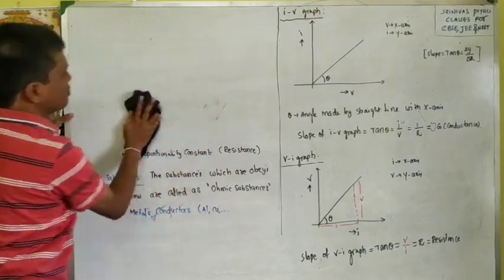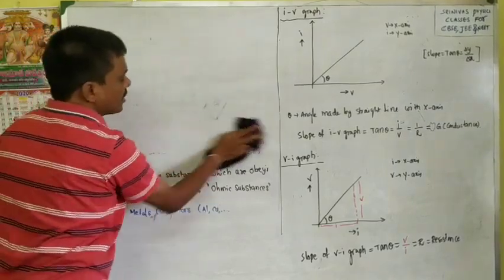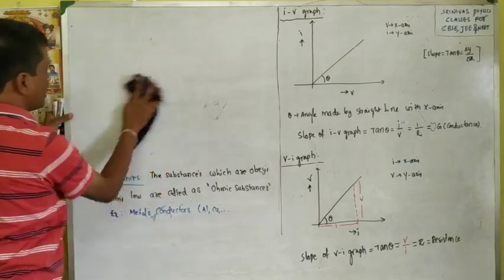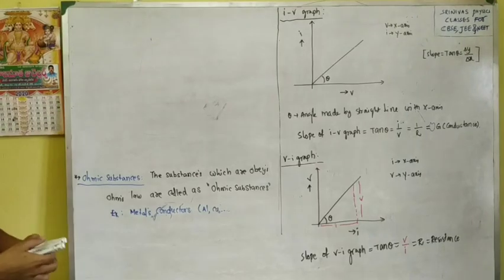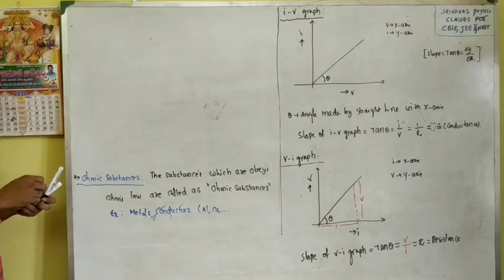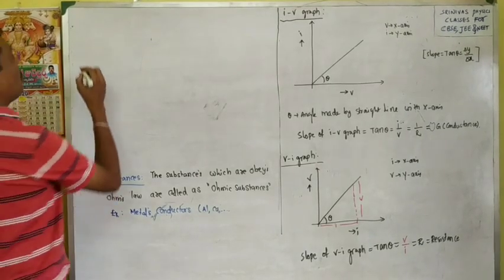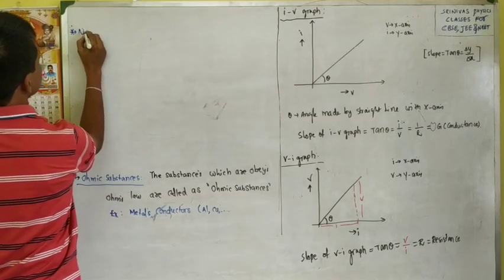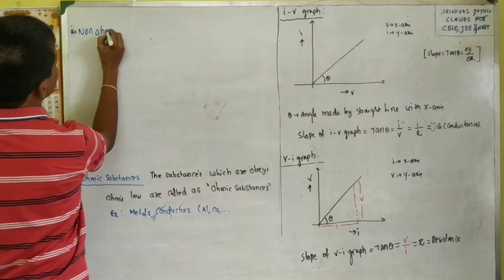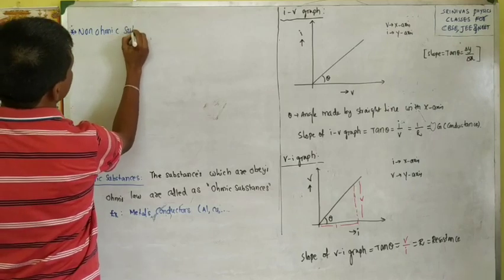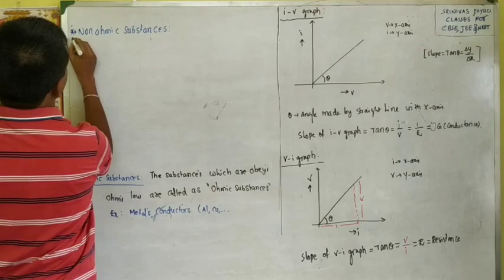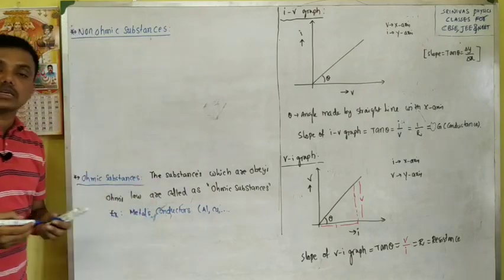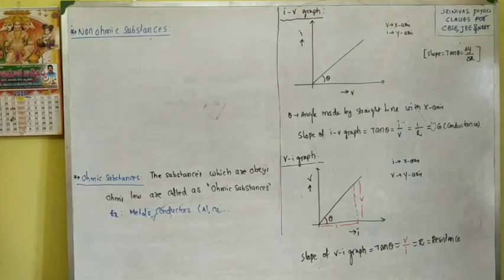Before going to the example, I will tell you about non-ohmic substances. These are the ohmic substances; the next one is non-ohmic substances. Listen very carefully. Non-ohmic substances means they will not obey Ohm's law.